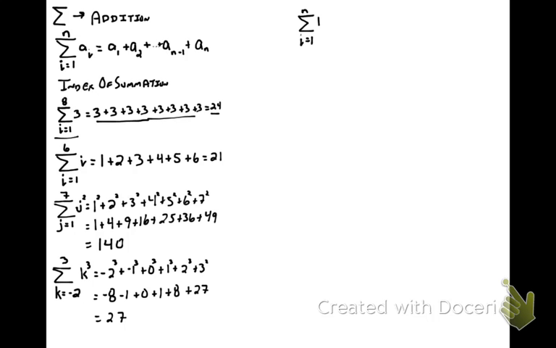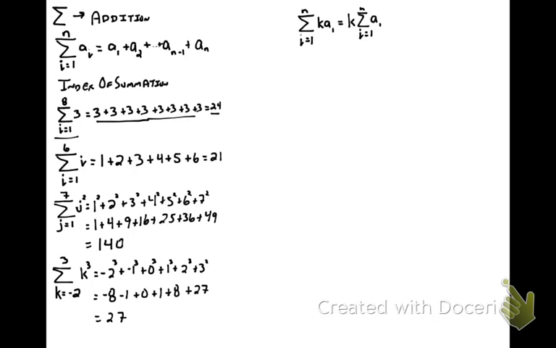If we have a rule that's being multiplied by a constant, we do have the option of factoring that constant out. So this is equal to the constant times the sum of whatever these numbers would be.